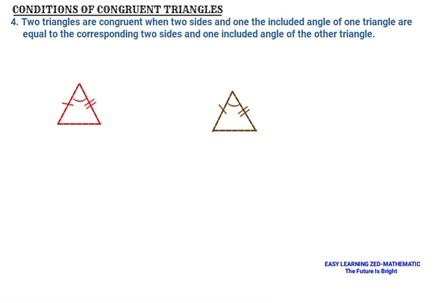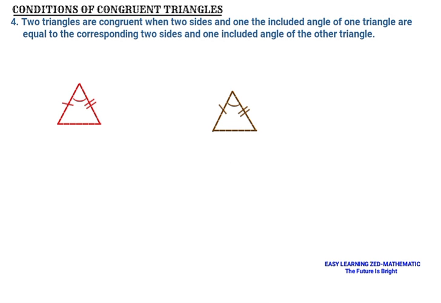The fourth condition of congruent triangles is two triangles are congruent when two sides and one included angle of the triangle are equal to the corresponding two sides and one included angle of the other triangle.